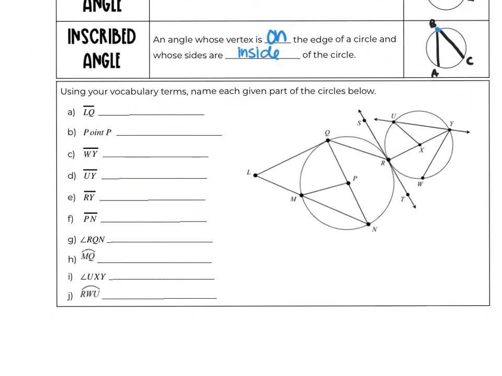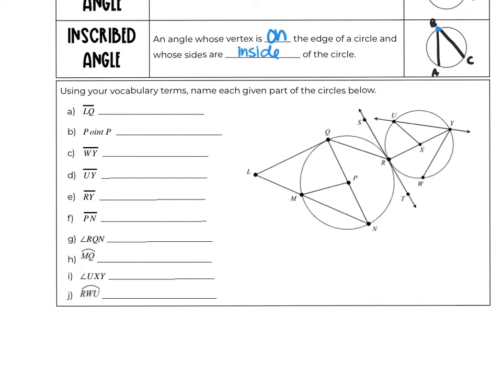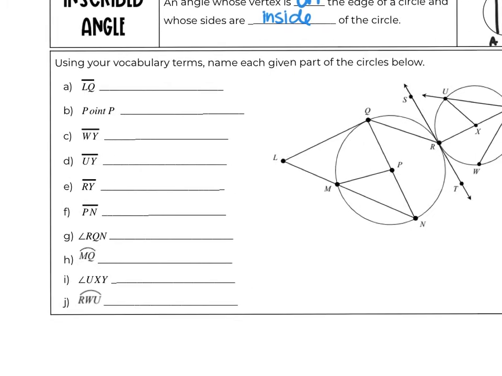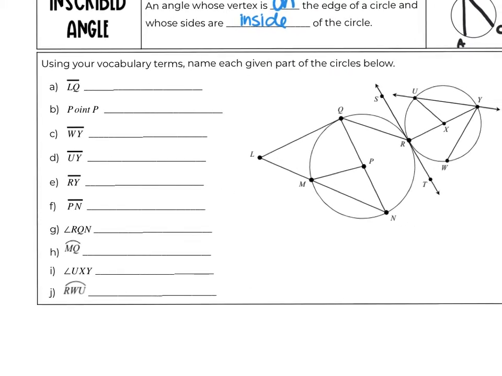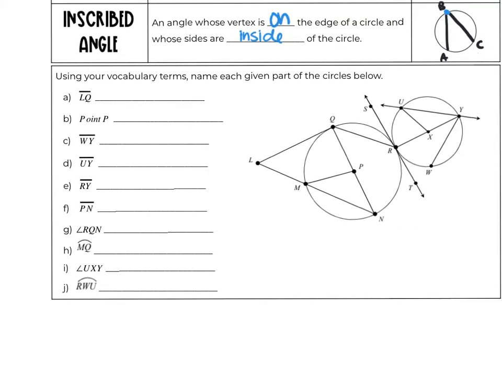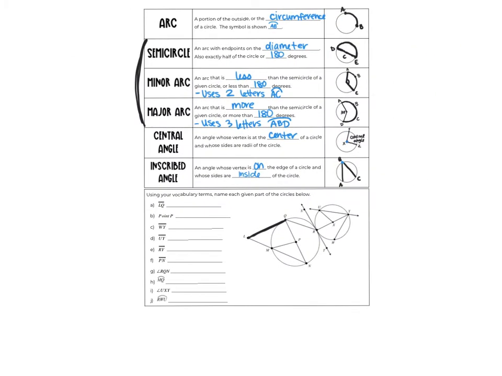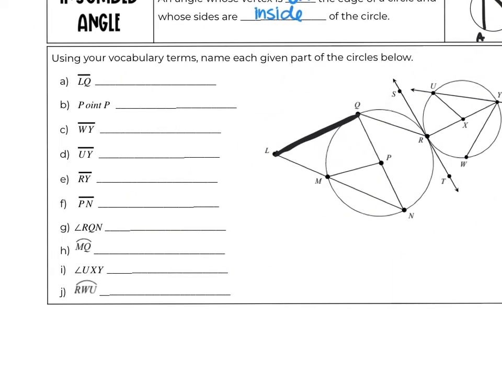All right, so now you're going to take a minute and, using the vocab we just went over, try to fill these out. You're matching each of them. I'll do one with you. For example, LQ is right here. Look back in your notes, at all the pictures we drew, and see which one it looks like.